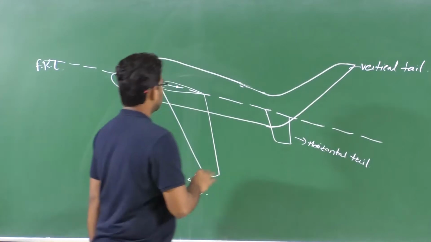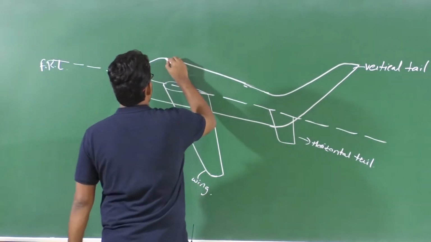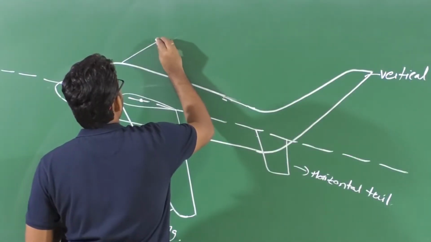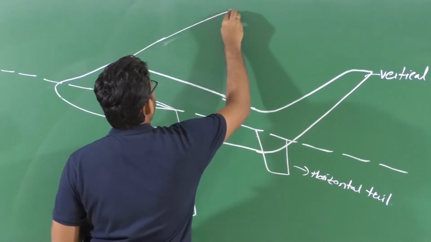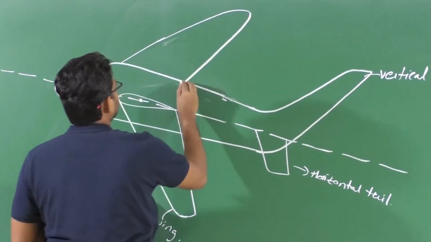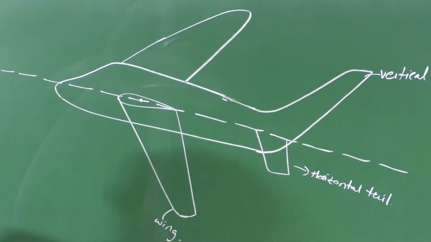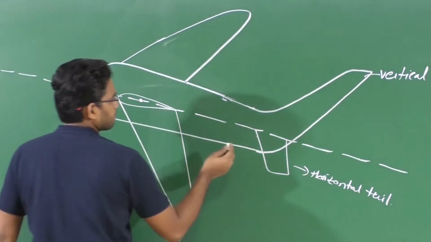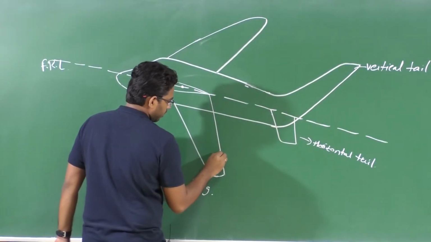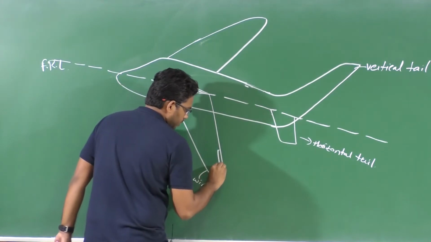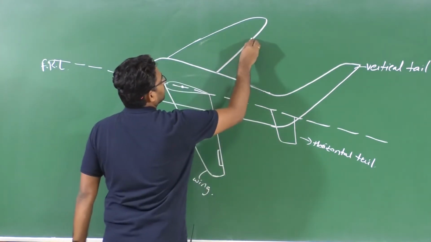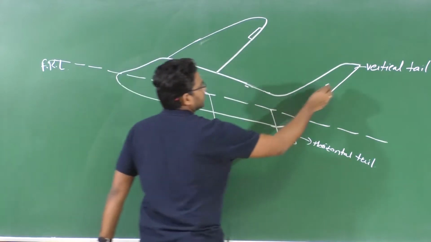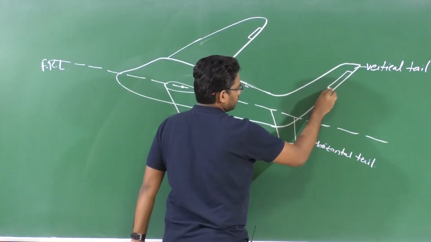So these are the three major components which are indeed fixed components of aircraft along with the propulsion system, right. And we also have some small moving surfaces that are attached to this aircraft, fixed components, right.